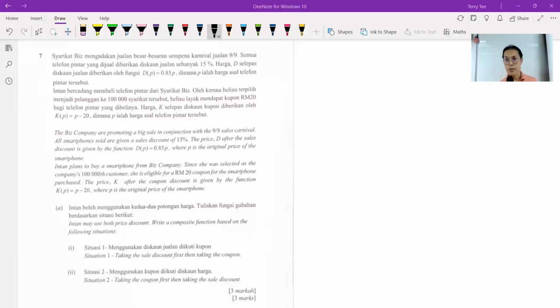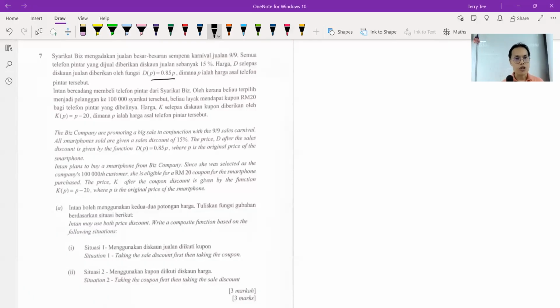Okay, next question. Question 7 is involving composite function, or fungsi perubahan. So syarikat BIS mengadakan jualan besar-besaran sempena karnival jualan 99. Semua telefon pintar yang dijual diberikan diskaun sebanyak 15%. Harga D selepas diskaun diberi oleh fungsi D(P) equals 0.85P, di mana P adalah harga asal telefon.